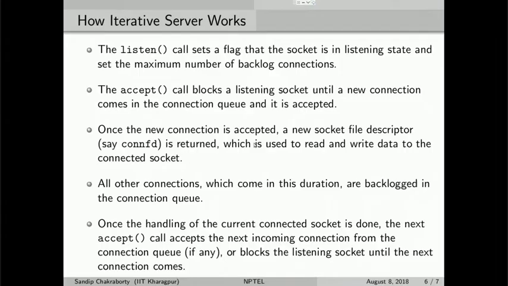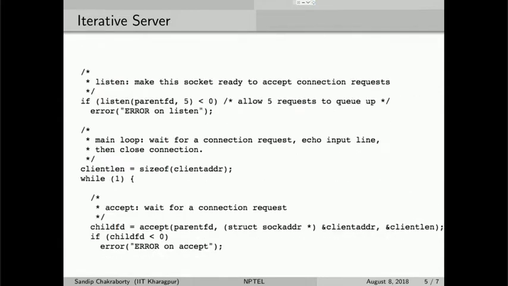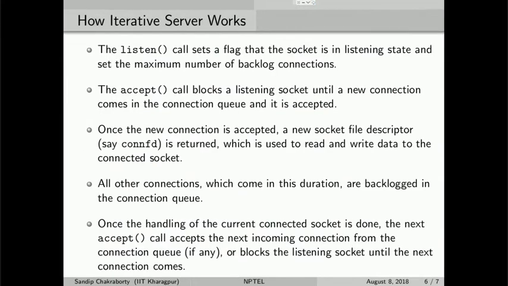Now, once this new connection is accepted, the new socket file descriptor, say the connection FD, is returned, which is used to read and write data, or to send and receive data, to the connected socket. All other connections which come in this duration are backlogged in the connection queue, because the process is busy inside this while loop to send and receive data.